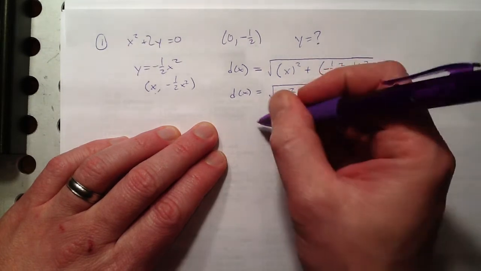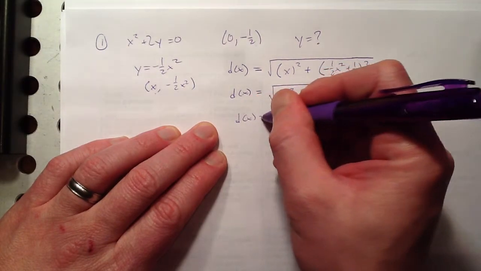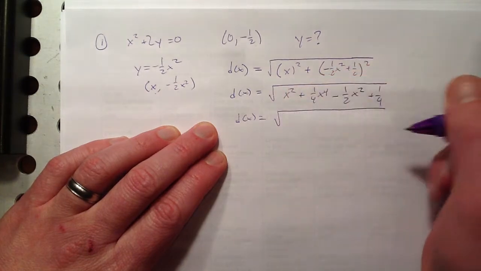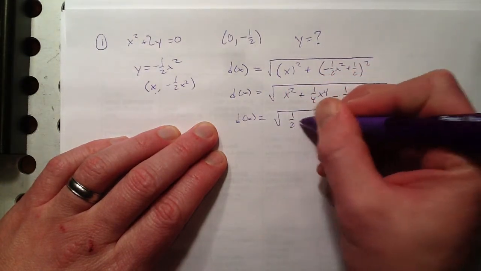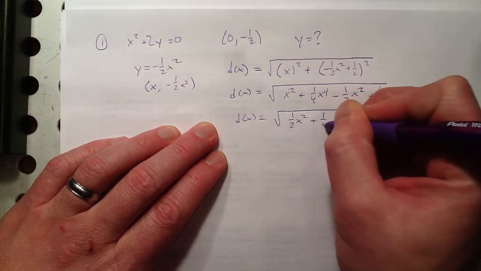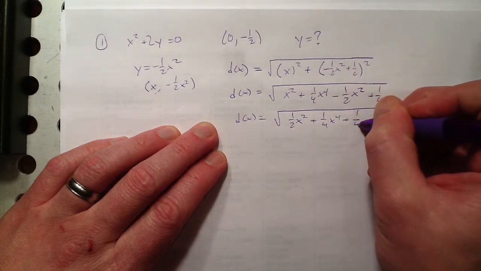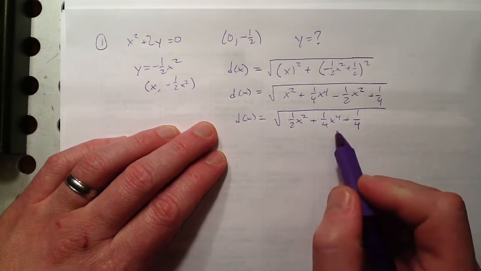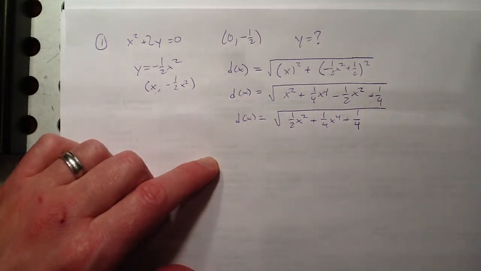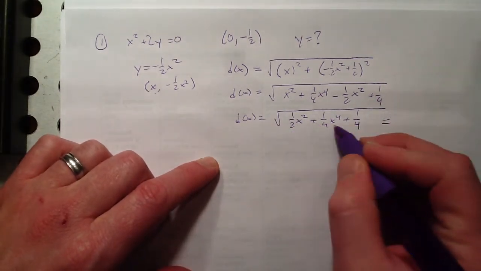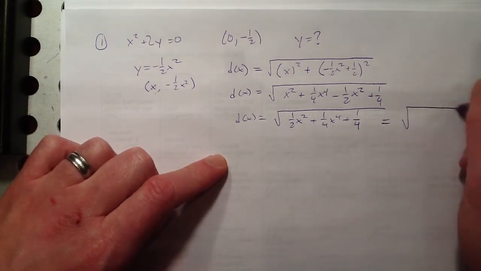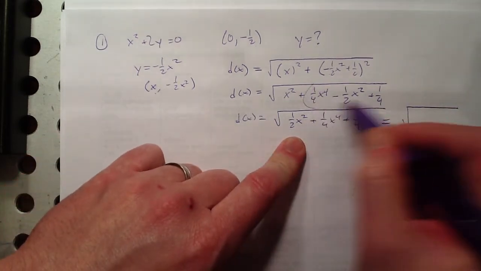And simplifying that again, we have 1/2 x squared plus 1/4 x to the 4th plus 1/4. If you rearrange, you should have written that term first. That's actually the square root of, did you notice this?